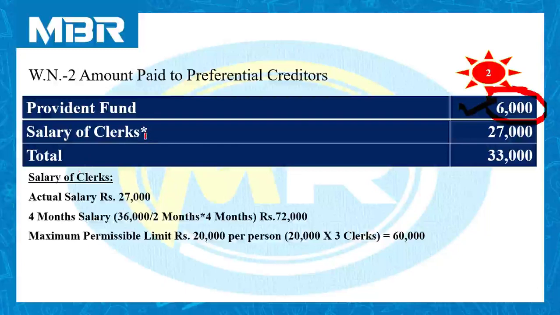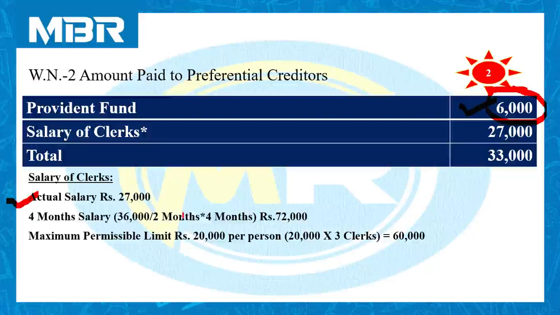Now the second item is salary of clerks. As per the rule, we need to calculate the salary of clerks based on some conditions. The first condition is actual salary. As per the information given on the liability side of the balance sheet, the amount of actual salary payable to the clerks is rupees 27,000.